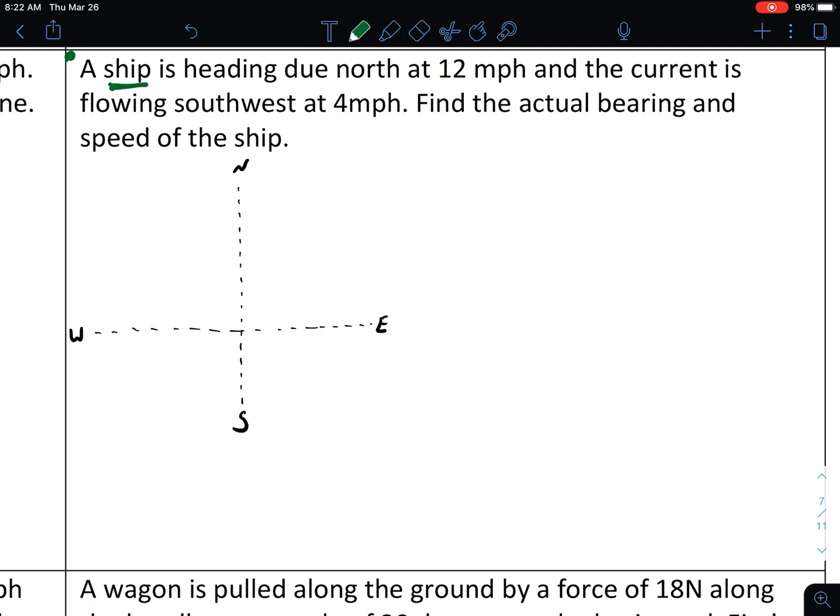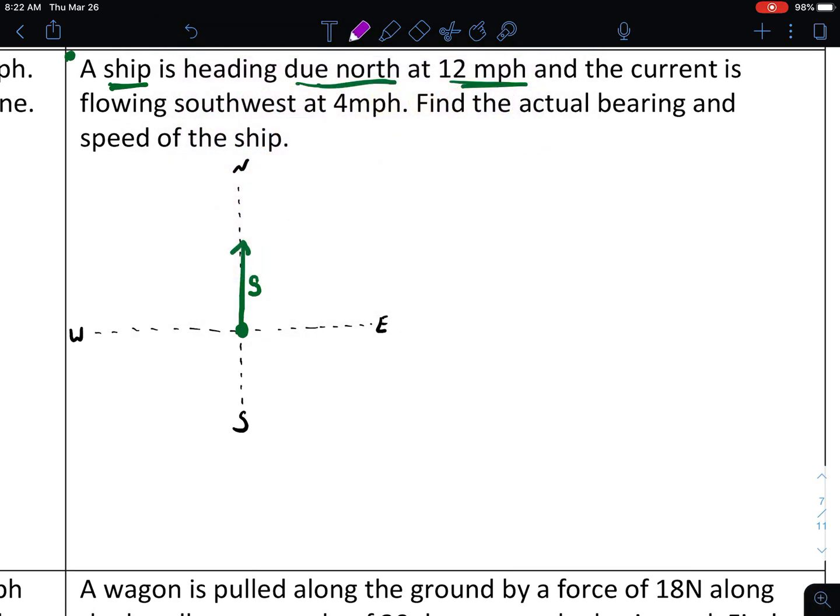And so we have our ship is heading due north at 12 miles an hour. So I'll let the ship here be green. So due north, 12 miles per hour. So that's going to be a vector. We're going to start at the intersection of the north, south, east, west lines. And here is my ship. All right, so my ship is right there in green.